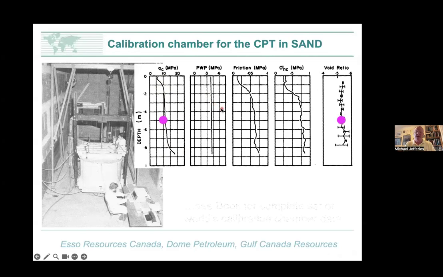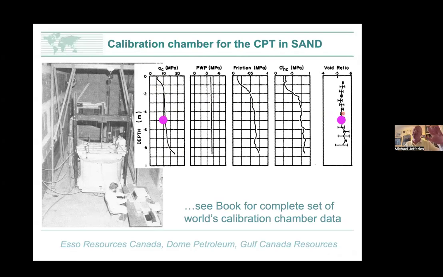And we say, aha, I can associate that tip resistance here with this void ratio. And I should say the way we get void ratio is after we push the CPT into the tank, we pull the CPT out, we then disassemble the tank, and we excavate the sand in layers, and we use a nuclear density meter, the sort of thing you use for compaction control, to measure the void ratio of each layer as we do it. And that's how the void ratio data has come about.